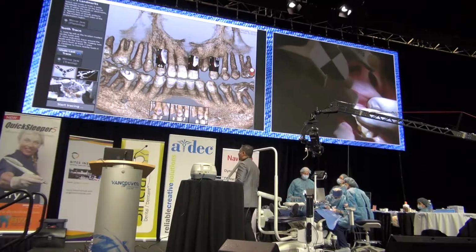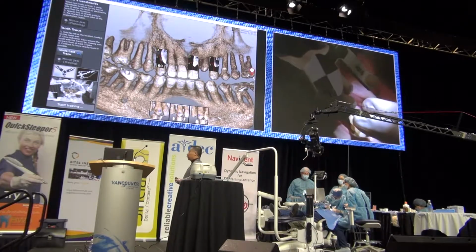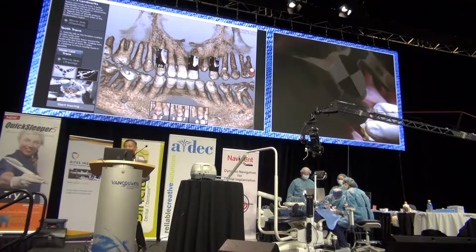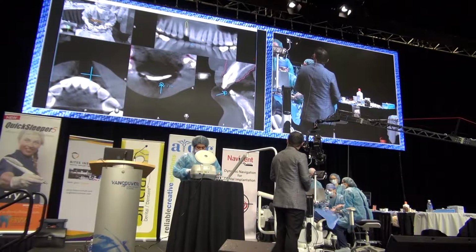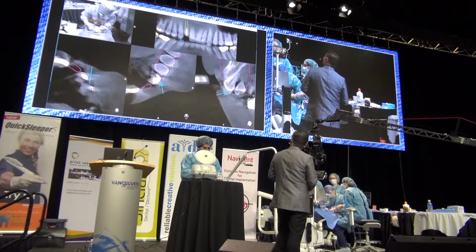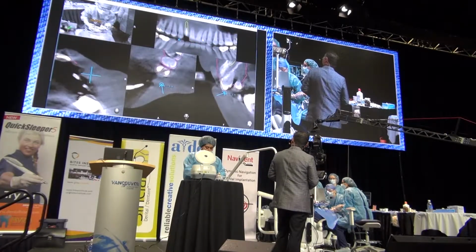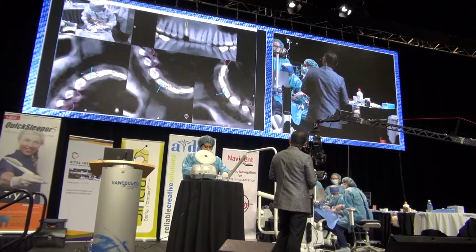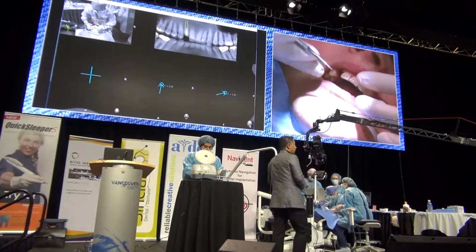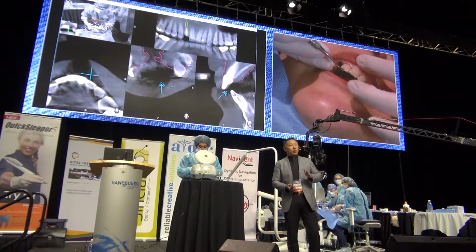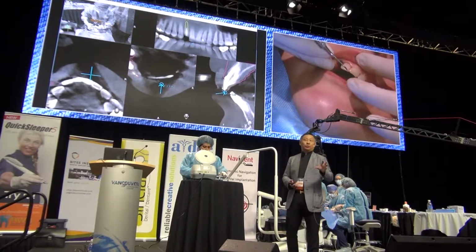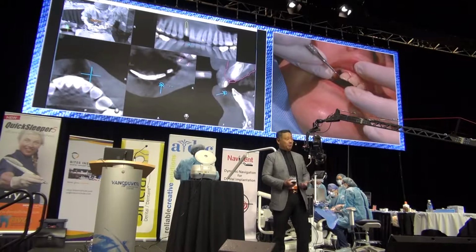So we're just double checking the tags and the traces and the markers right now intraorally. You can see the guide, you can see the planning has been done, and now they're tracing and mapping, correlating this. So this is very critical. You need to be accurate because these markers are what we're going to rely on for the implant placement.